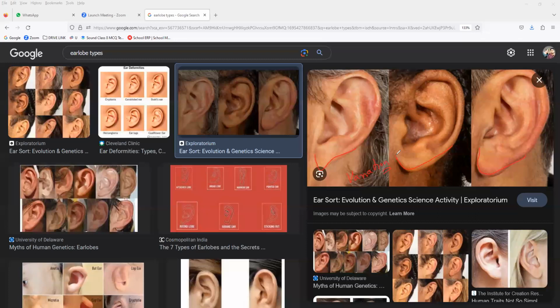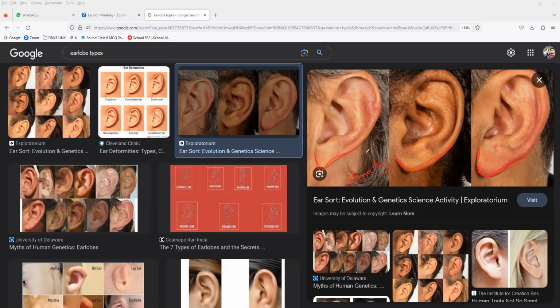If you go across any country in the world, there are only two possibilities of earlobes: either an attached earlobe or a free earlobe. These are the only two variations found in the human population.